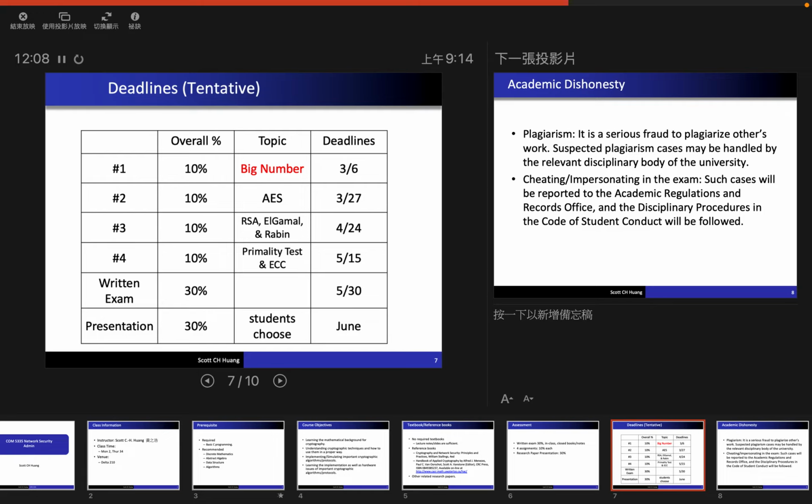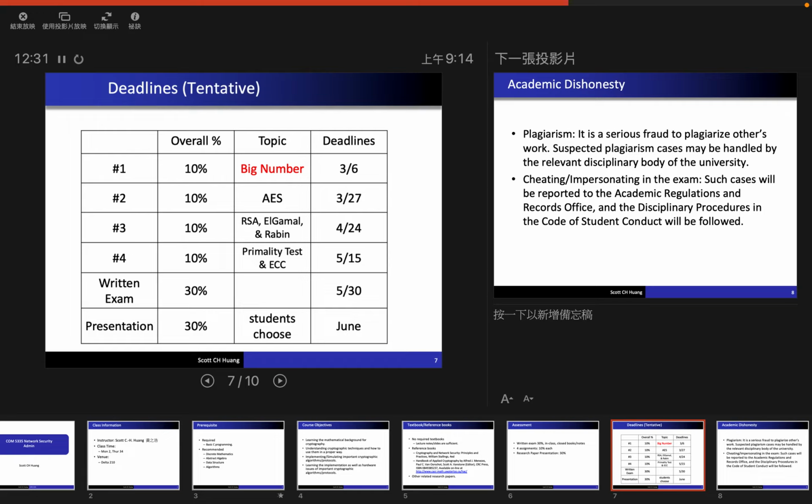Oftentimes their code does not work because they have problems in big number handling, big number arithmetic. Just too many students are like that. Then I realized that I really have to separate this subject as one independent assignment.